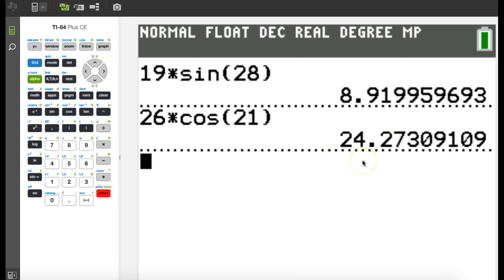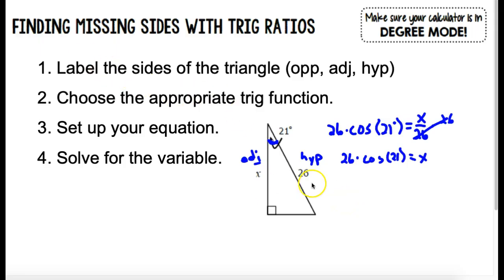So again, to round to the nearest tenth, we want to look at the second number after the decimal. That is greater than 4, or it's 5 or greater. So this would actually round to 24.3. So the length of this side right here is 24.3.